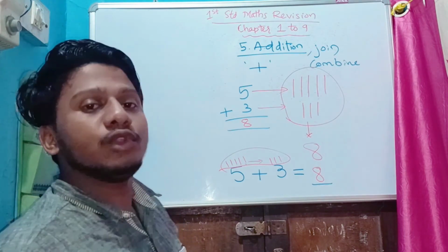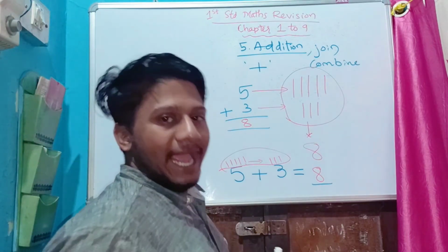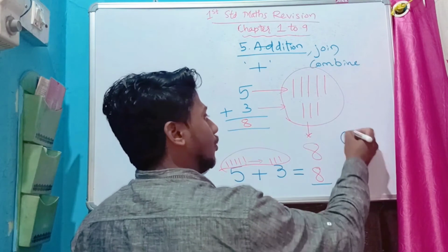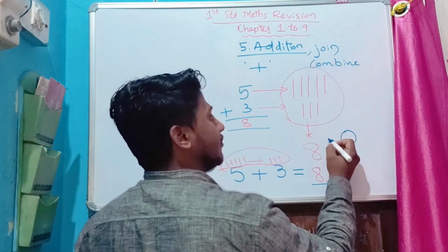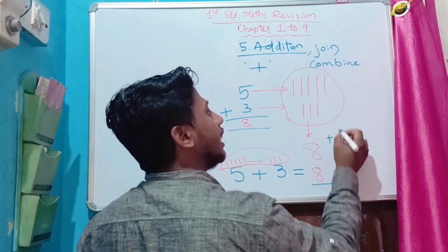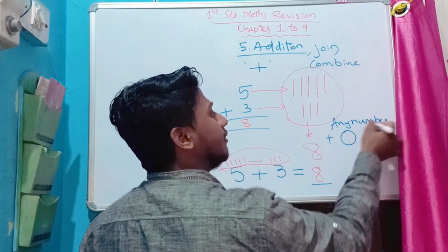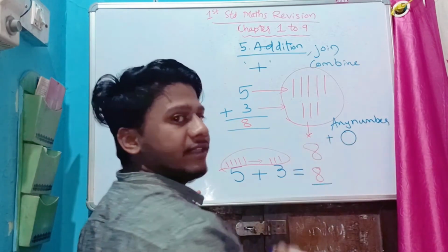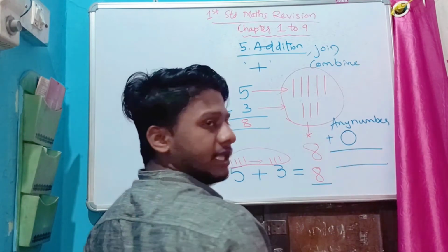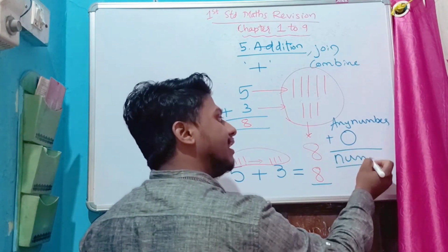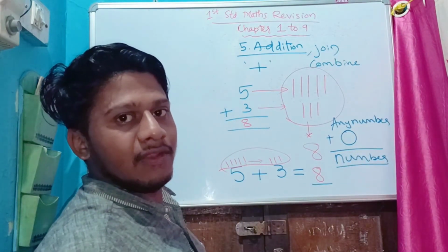The one more thing to remember here is when you try to add 0 with any number, the answer will be that number itself. I will show you an example.